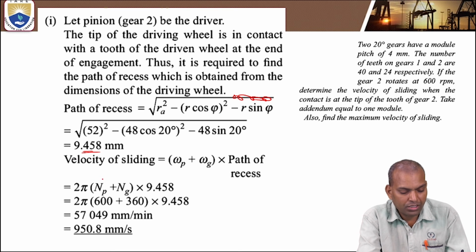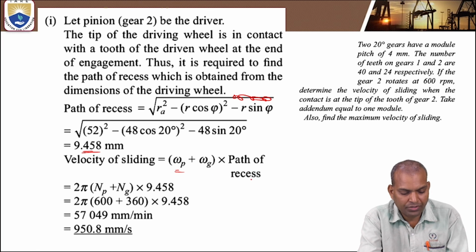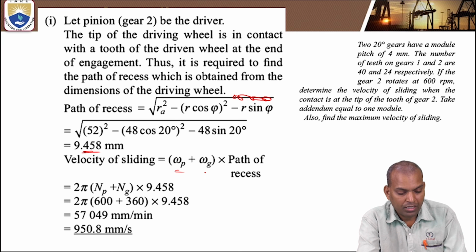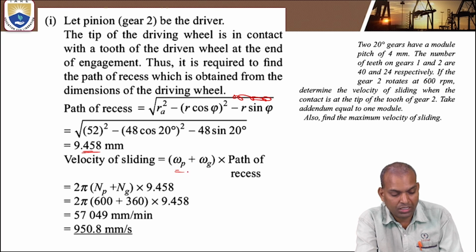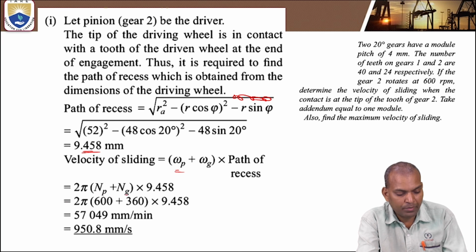Then the velocity of sliding equal to omega p plus omega g times the path of recess. Omega p we know is 2 pi Np by 60, and omega g is 2 pi Ng by 60. Here we consider revolutions and radians only, so that is 2 pi times Np plus Ng.